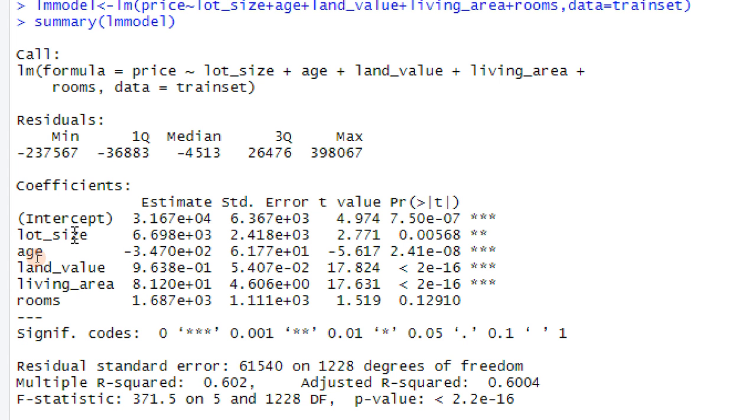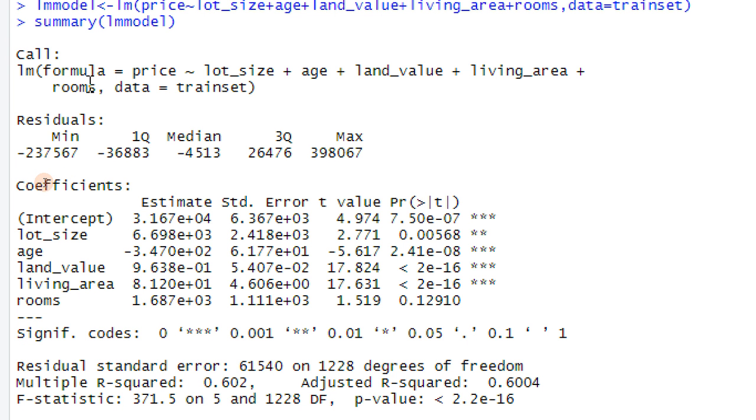Here you can see that rooms doesn't have any star rating. That means rooms is not participating to decide the value of price. So we will remove the unnecessary values from the function. The number of rooms is not affecting.